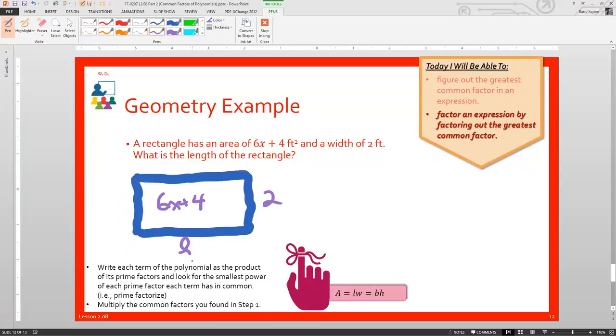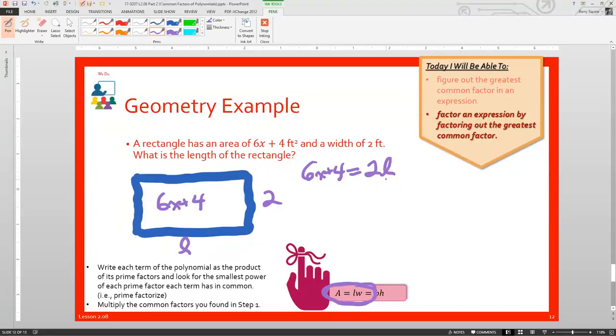So let's use our formula for the area of a rectangle and do some substituting. We know that the area, A, 6x plus 4, is equal to 2 times something. L is the length, 2 is the width, so it's 2 times something.